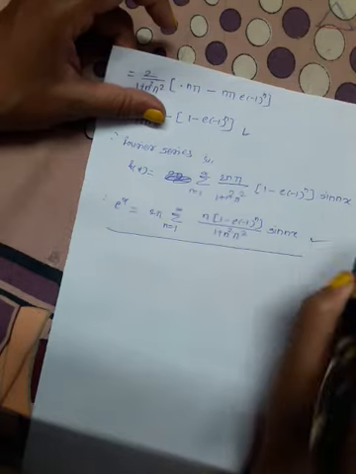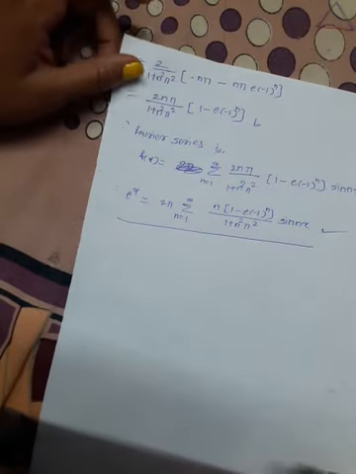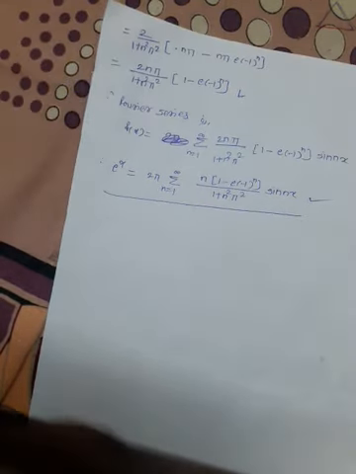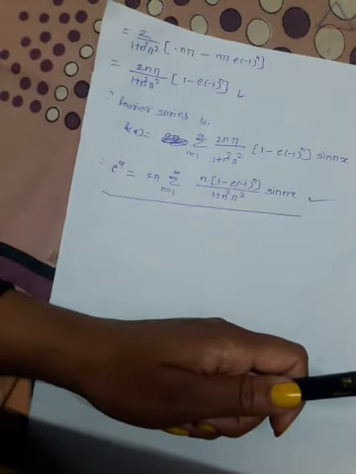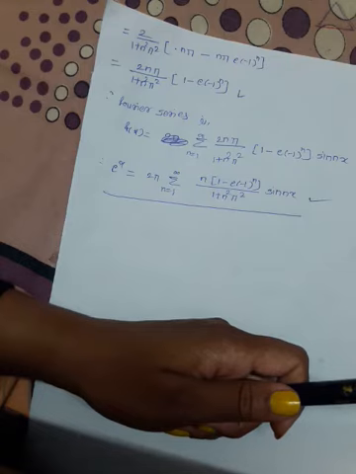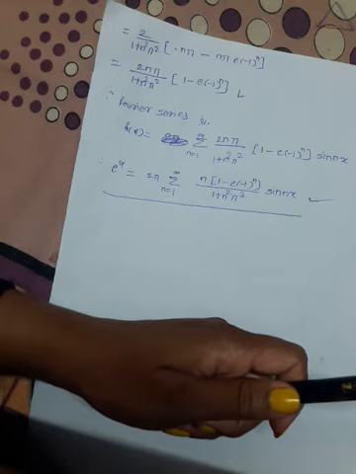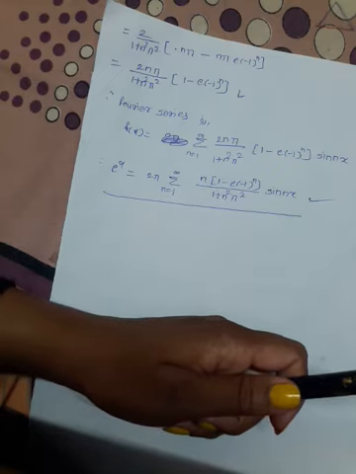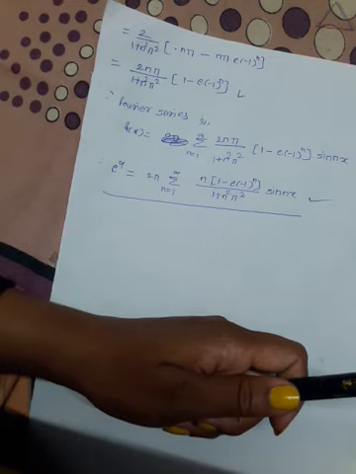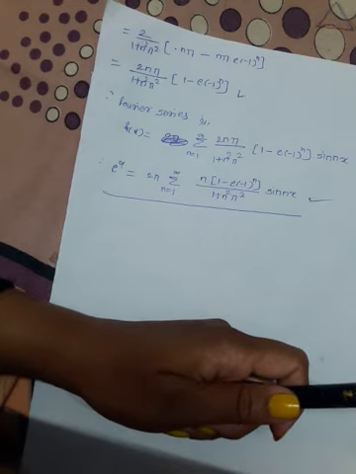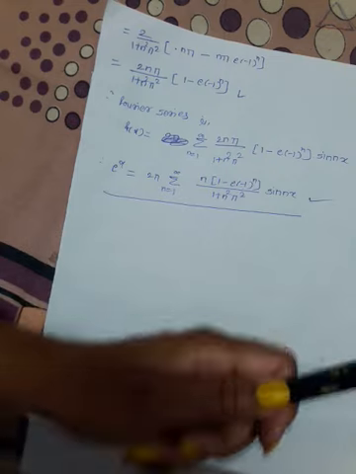This is a Fourier sine series, half range Fourier sine series, or it can be written as only Fourier sine series, Fourier cosine series. Instead of Fourier half range, they just eliminate the word half. Fourier sine series, Fourier cosine series means Fourier half range cosine series, half range sine series.